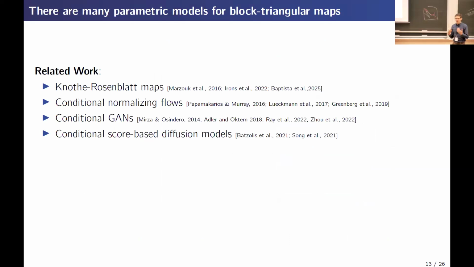And I don't want to just overview all of these methods. The literature just grows day by day. The citation count also grows exponentially faster. But there are many approaches based on normalizing flows, GANs, and recently diffusion models that do this.